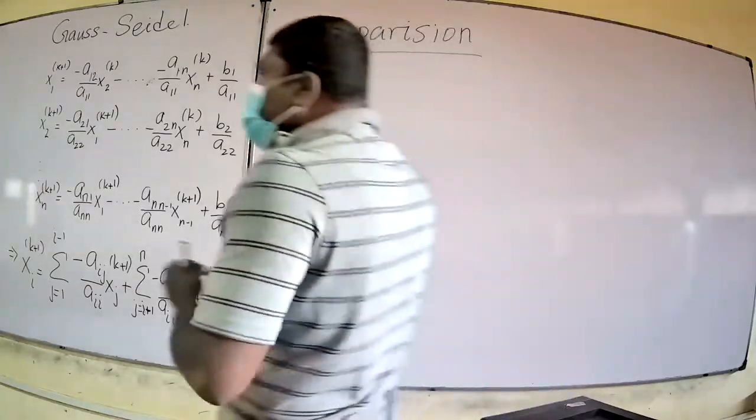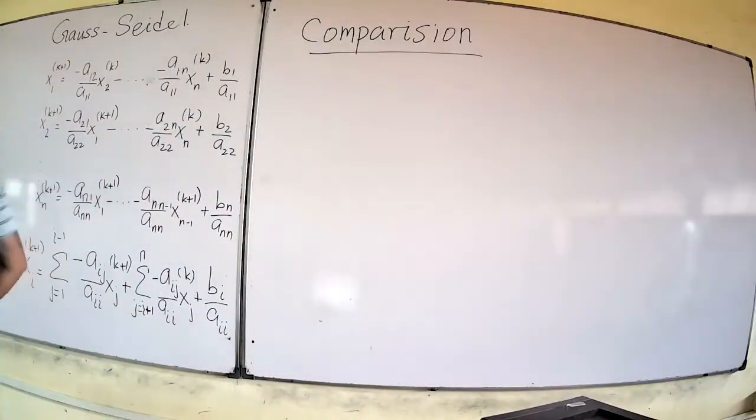So let us compare the two iterations, Jacobi and Gauss-Seidel.